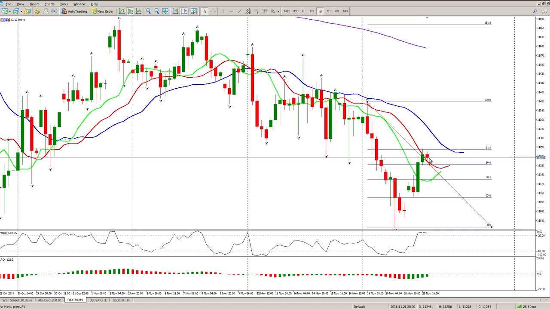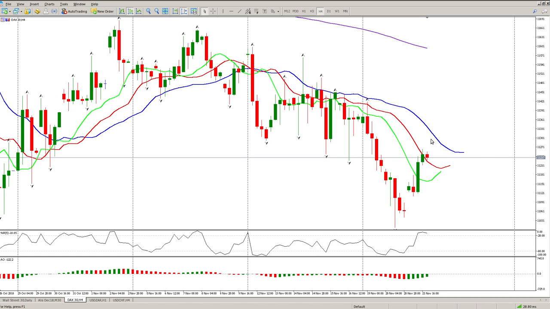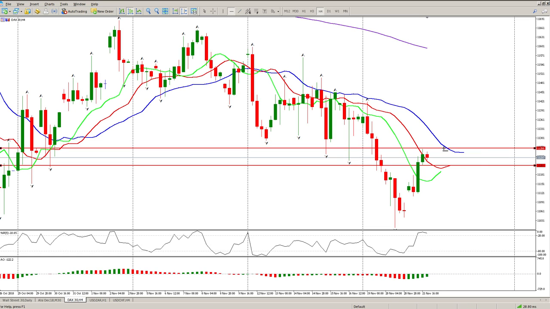A lot of people would be playing this as follows. A break below this level here would trigger a short, and the stop would be here. Other people would have had an entry right here, at the 61.8, with a stop level above this swing high here.